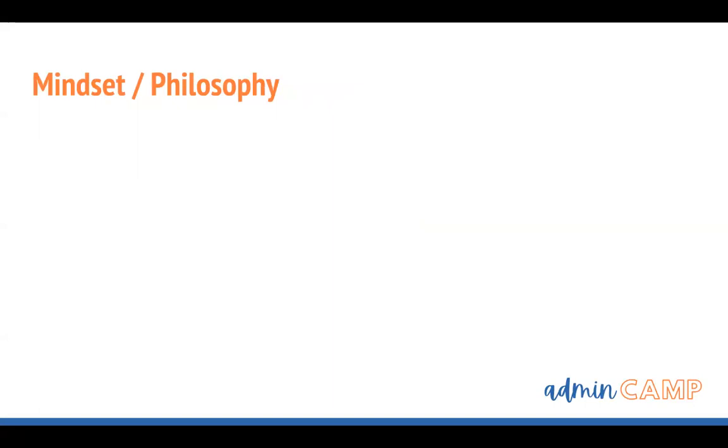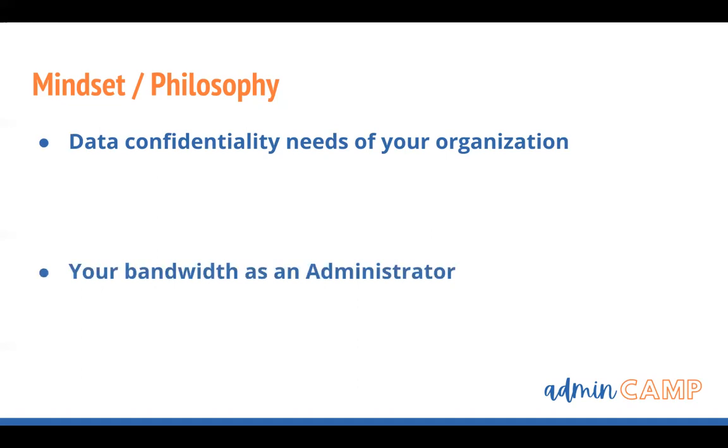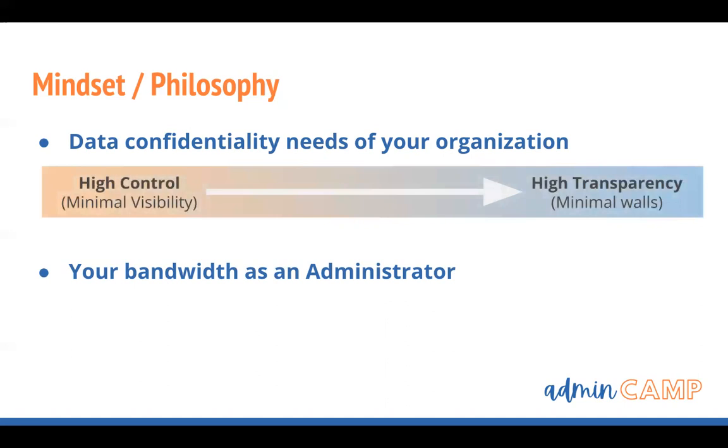The particular approach that you take will likely be impacted by a few variables specific to your organization and your particular role. There's two important considerations. First, what are the data confidentiality needs of your organization? And also, what's your personal bandwidth as an administrator? So at your organization, do you need high control?